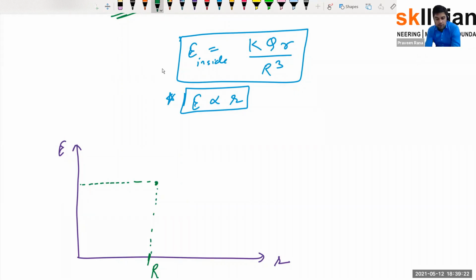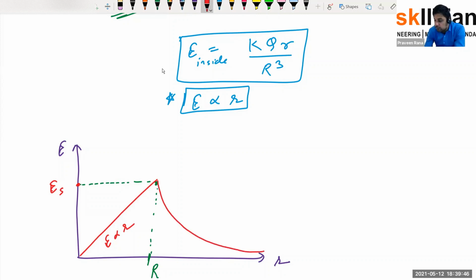So the graph is linear until R and then hyperbolic going down. Exactly, the right one. So first we have a linear graph because electric field inside is proportional to r. Then when we go outside, the sphere behaves as a point charge, and for point charges there are hyperbolas. So the graph would look exactly like this.